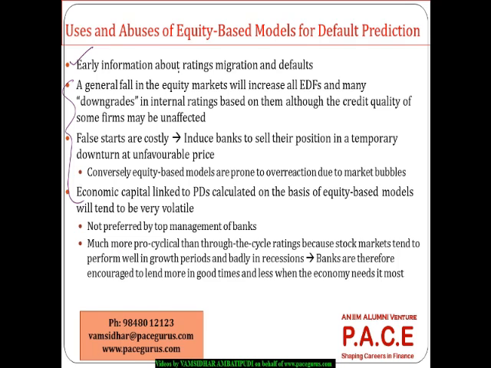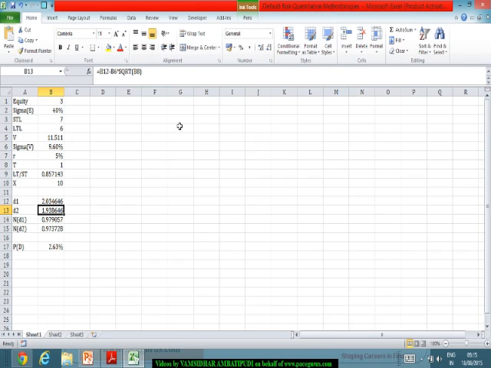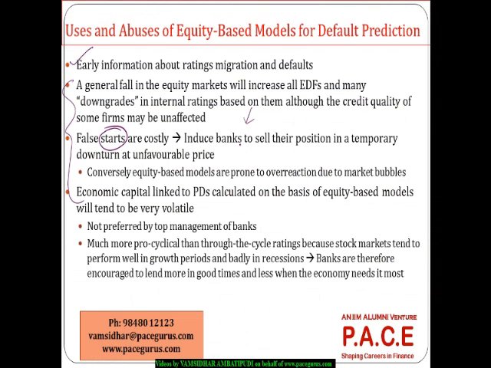And the other side to look at is that false starts are very much possible because of this. People see that the company's credit ratings have gone worse, and immediately they start selling their positions in a market when the equity prices are much lower. So they are forced to sell at much lower prices, adding fuel to the fire. The equity prices are going to go down even worse. The same logic happens the other way.